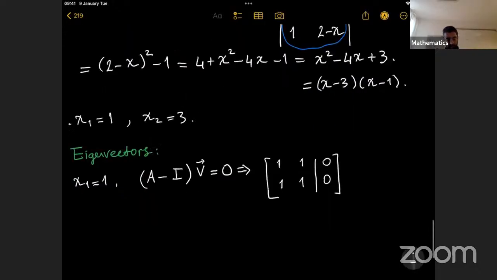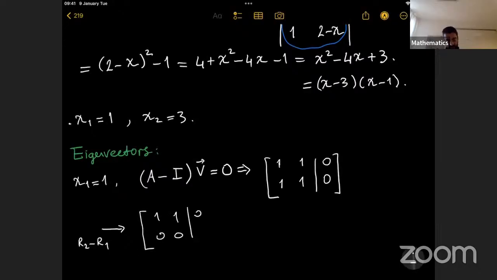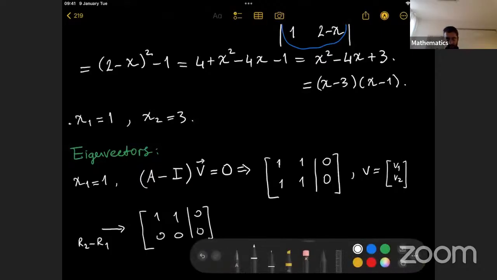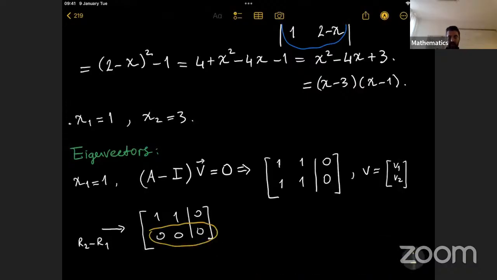You can use elementary row operations, R2 minus R1 for instance, and it becomes 1, 1, 0, 0, 0, 0. Let's write v as v1, v2. So v2 is free here because we don't have any condition for v2. They're all 0. That means v2 is free.